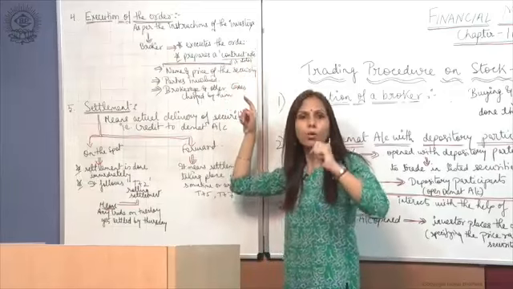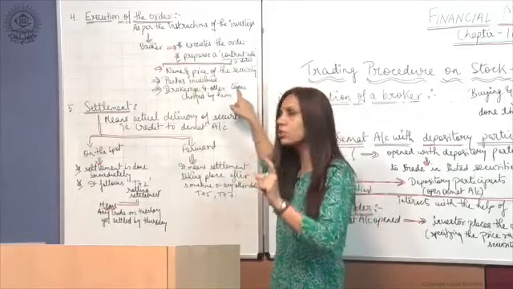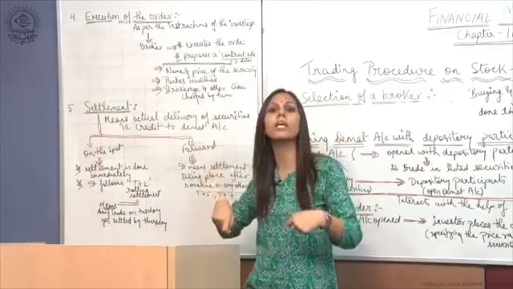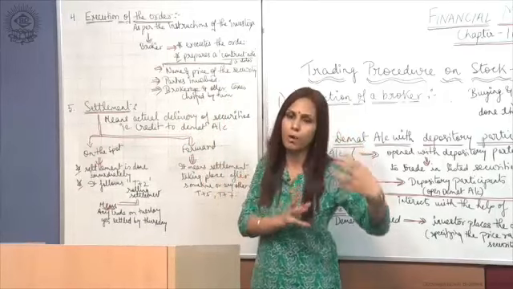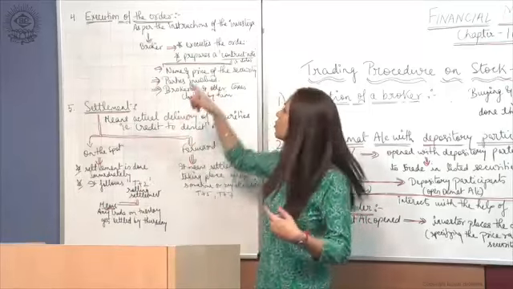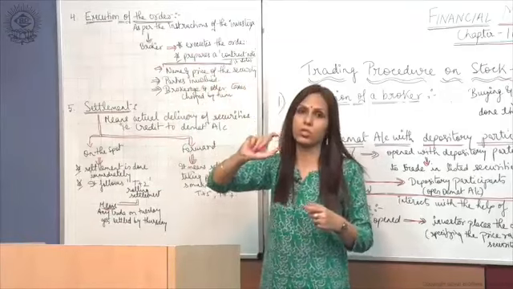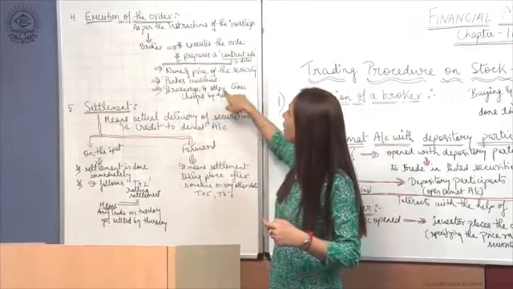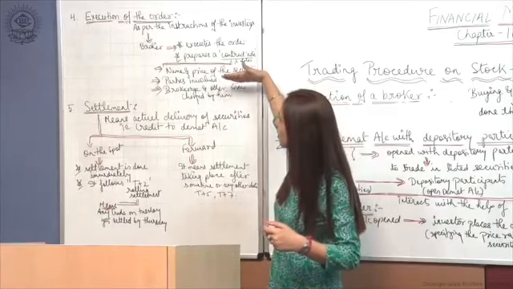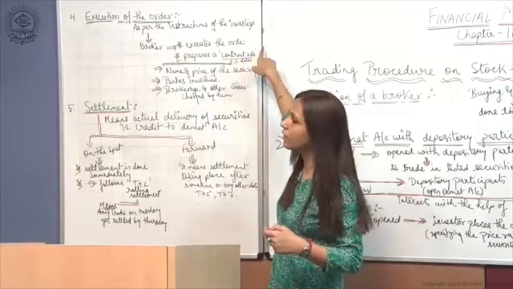A contract note states the name and price of the security, the parties involved, meaning the different investors who are buying or selling the securities, and the brokerage and other taxes charged by the broker. So these things will be included in the contract note.